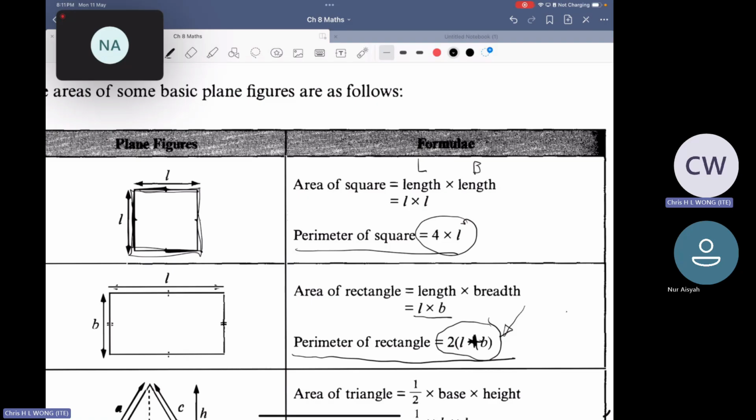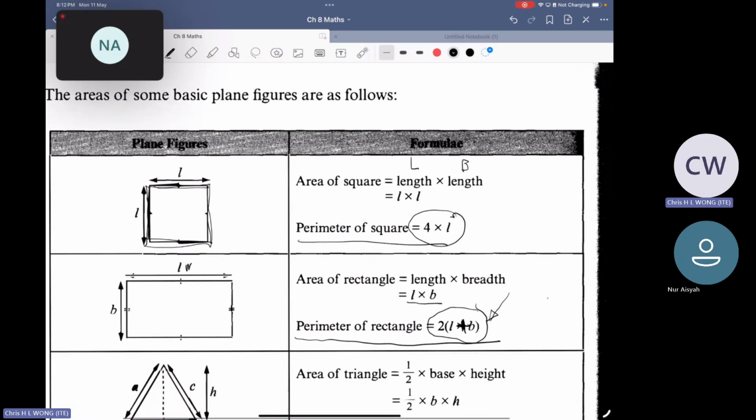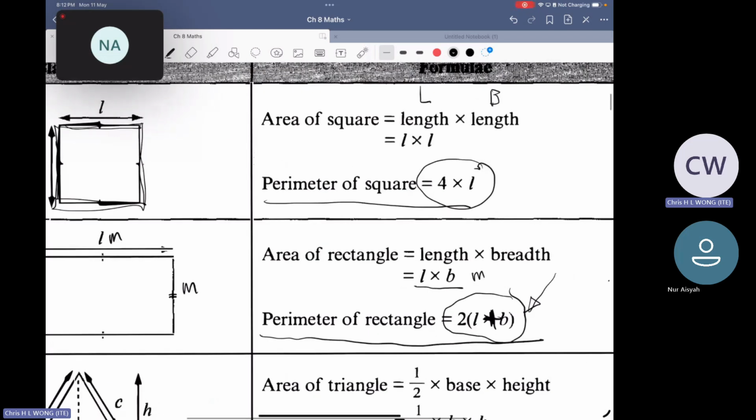Now, area is length and breadth. Let's say for example, if this is in meters, then the area will be meter square. If I use perimeter, is the final answer meter or meter square?